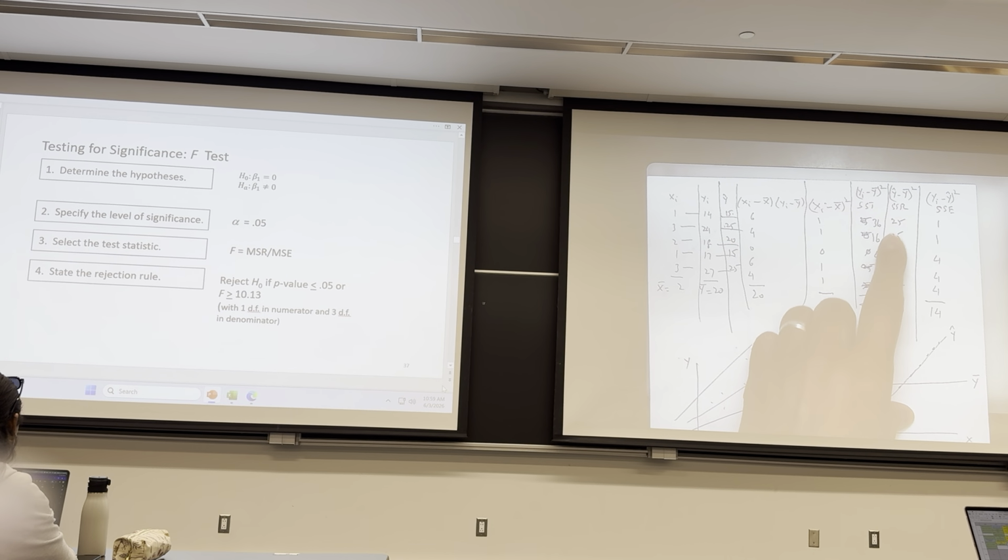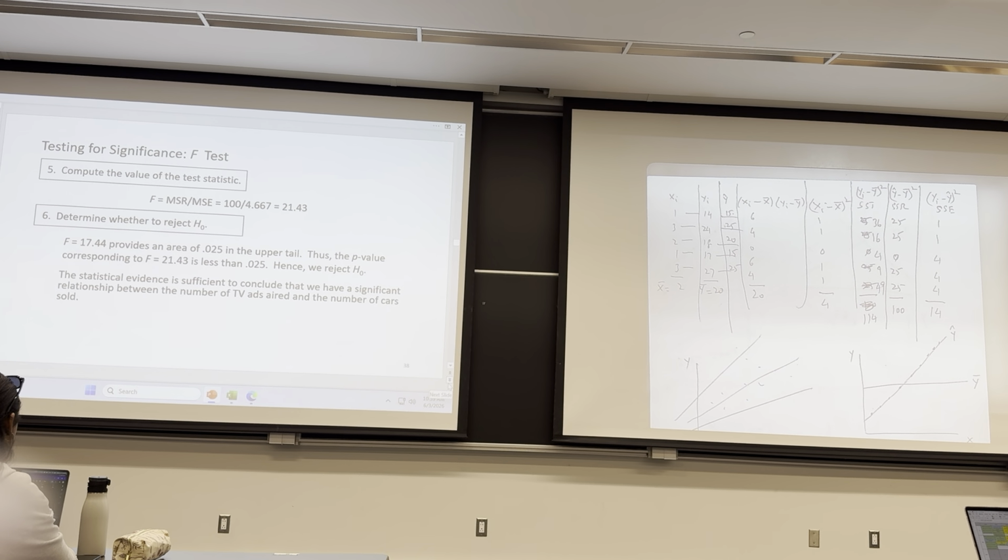Now over here, if I'd like to find MSR, MSR is simply SSR divided by the number of independent variables. So look over here. See, over here 100. When I look at my SSR, SSR is 100 divided by 1, which is 100.